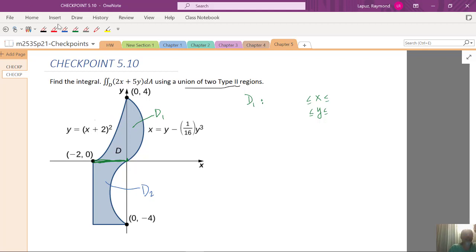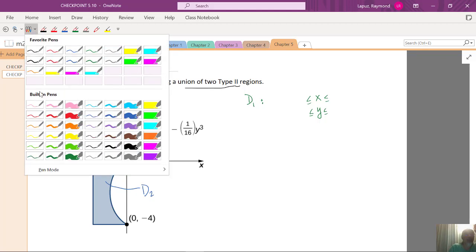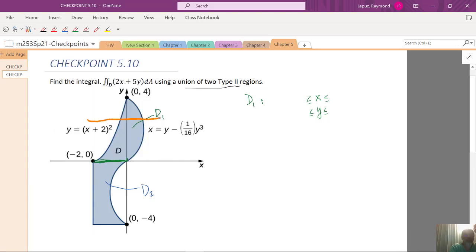Now let's do this in a different color. Let's draw a line going through this, and we want to identify the x value of the function that we're going to get into. And notice this is a function, y as a function of x, so we really want to solve for x here in this case.